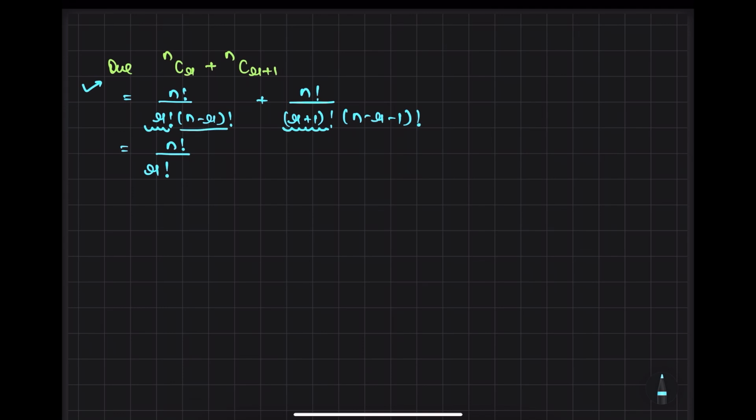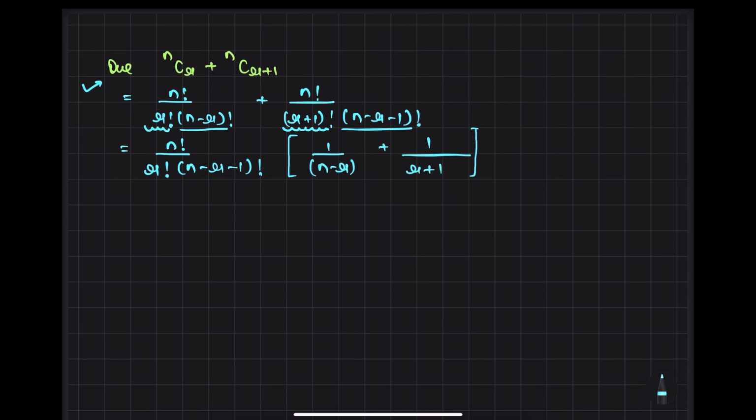Now look at this n minus r factorial, n minus r minus 1 factorial. So you know that n minus r minus 1 factorial is the smaller one, so you can take that thing as common. So this thing is outside. Now look at this. You will be left with numerator is 1 and then n minus r plus 1 by r plus 1.